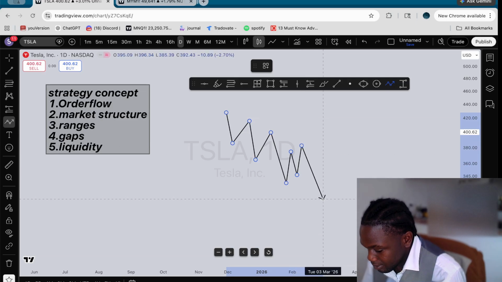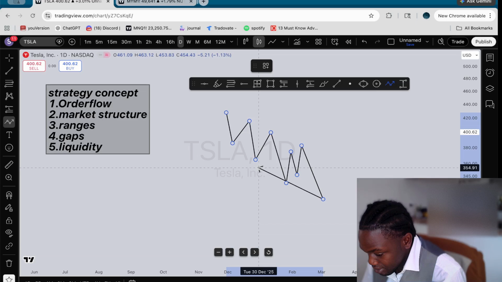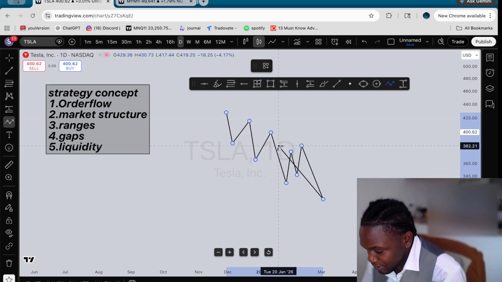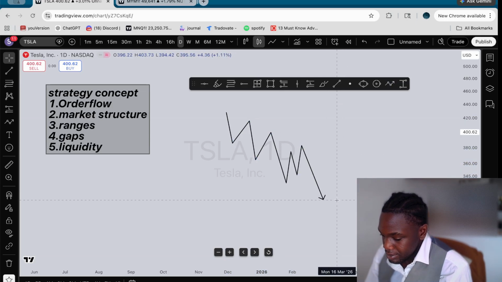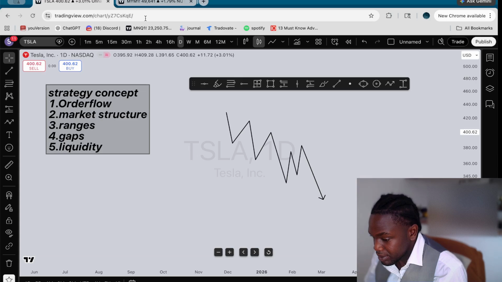Therefore it's always gap, then run of liquidity, continuation. There will be a break of structure, lower low, gaps, price trades into the gap, then price runs out that liquidity that was created from trading into the gap. And that's it. That's how I do it every time.